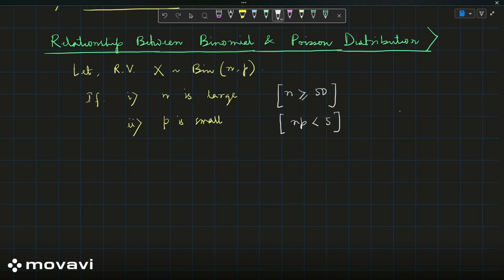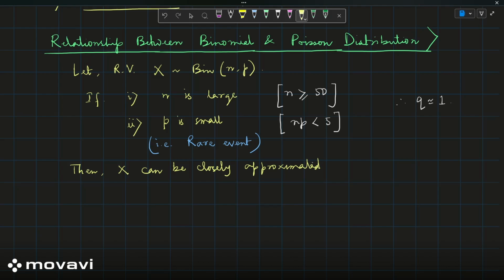And as p is small, q is close to 1. So the probability of the event not occurring is close to 1. So we can say that the event is a rare event. So in this case, when the event is rare, then X can be closely approximated by Poisson distribution with parameter lambda equals np.